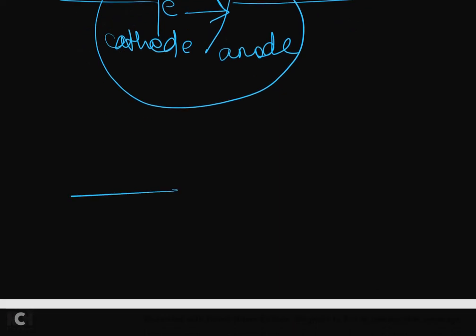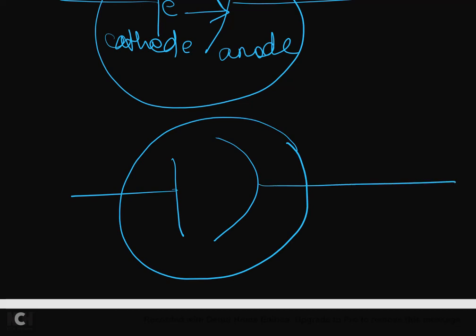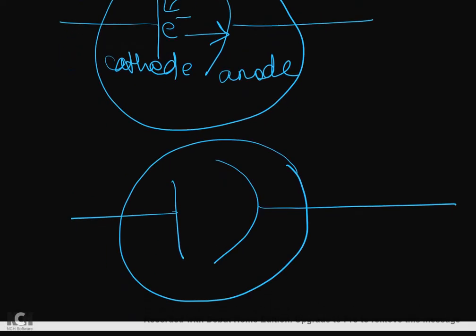Now imagine I apply a certain potential difference. So let's say I have a negative value here, a positive value here, a positive potential, and a negative one here. So what is going to happen here?